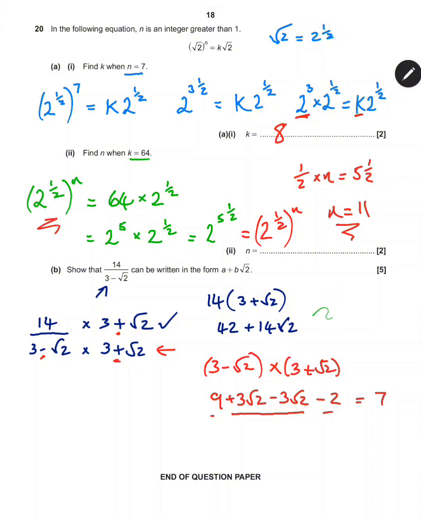Your final fraction simplifies to, this was the top, 42 plus 14 root 2 all over 7, which is that. And it looks like there's a little bit of simplifying to do as well, because I don't actually want a fraction in my final answer. Well, 14 divided by 7 is 2. 42 divided by 7 is 6. So what we're left with is 6 plus 2 root 2's.